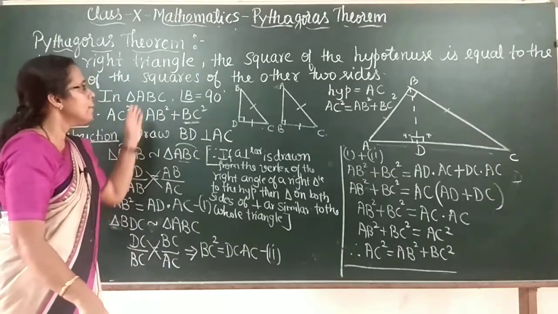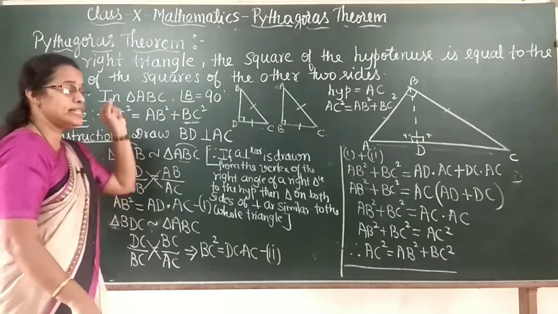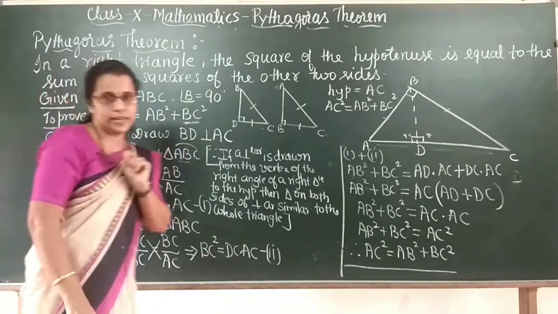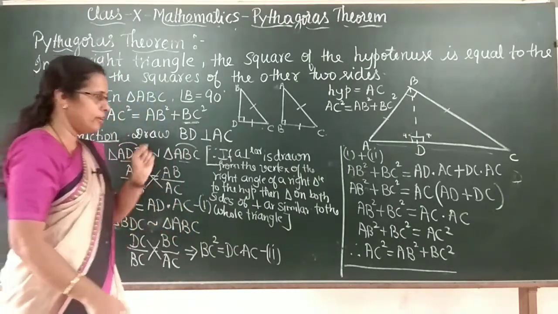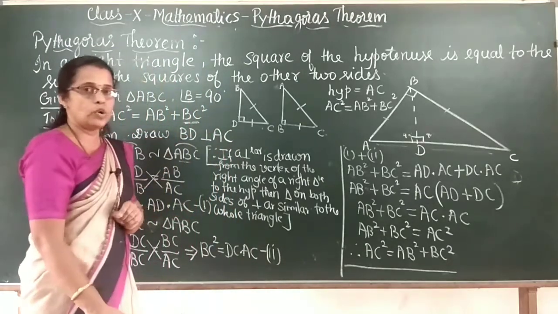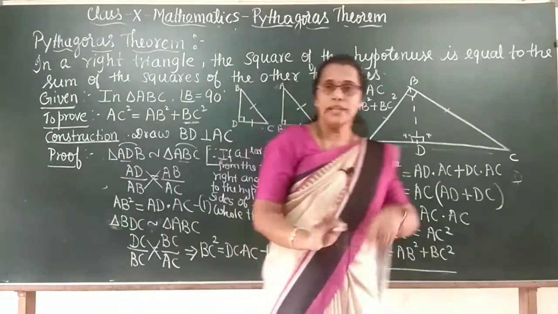This is called the Pythagoras theorem. Very important. Where there is a right angle triangle, you can apply the Pythagoras theorem. Is it okay, children? So this is about the Pythagoras theorem.